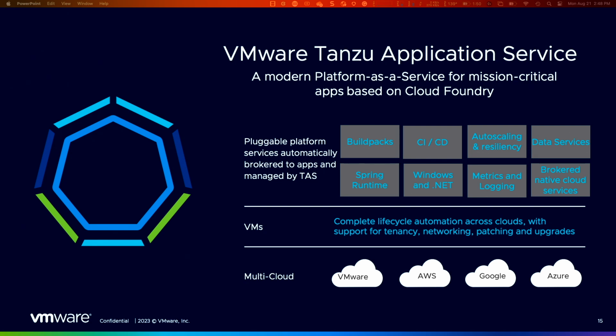We're at Spring One today, so it's a great place to run your Spring applications. In fact, you get extended commercial support for free if you run Spring applications on Tanzu Application Service. So if you're interested in getting ahead of the end-of-life date for Spring Boot 2.7, which is around November this year, you might want to take a look at this. It could help you out.